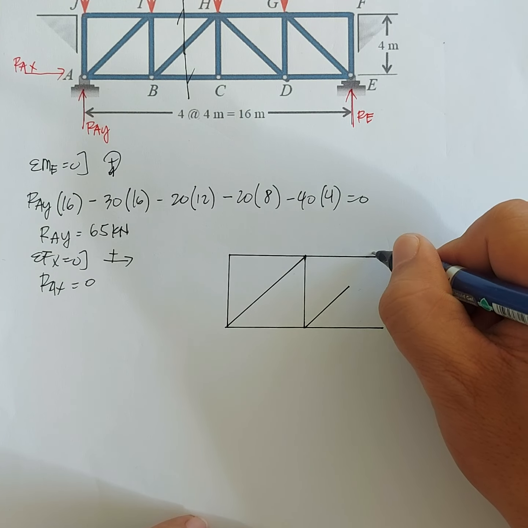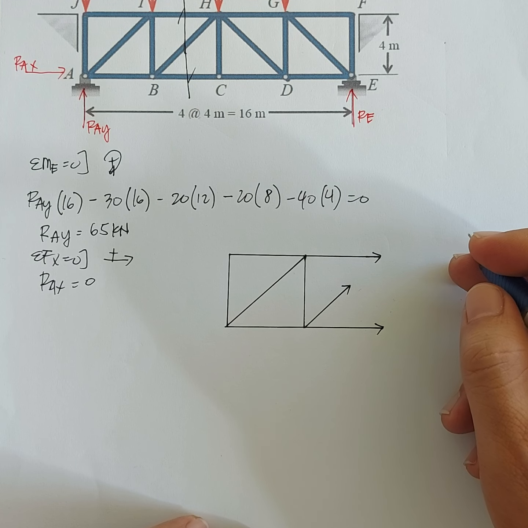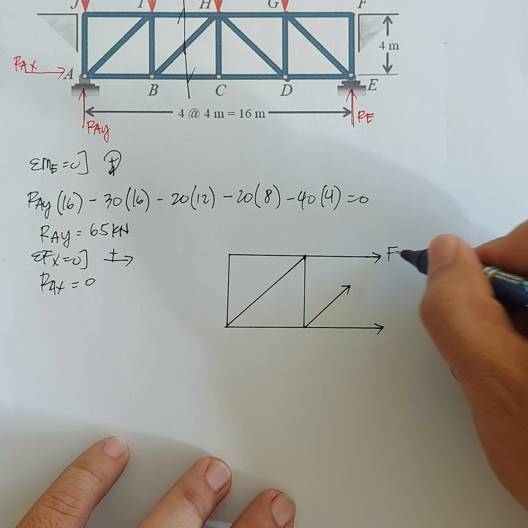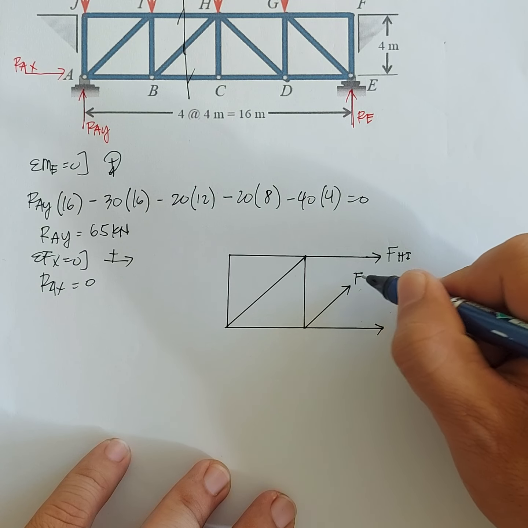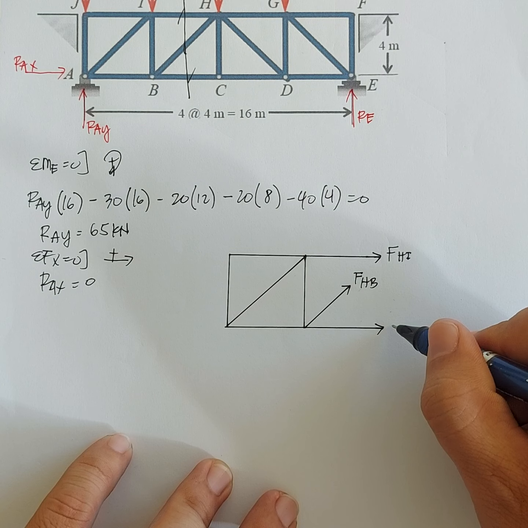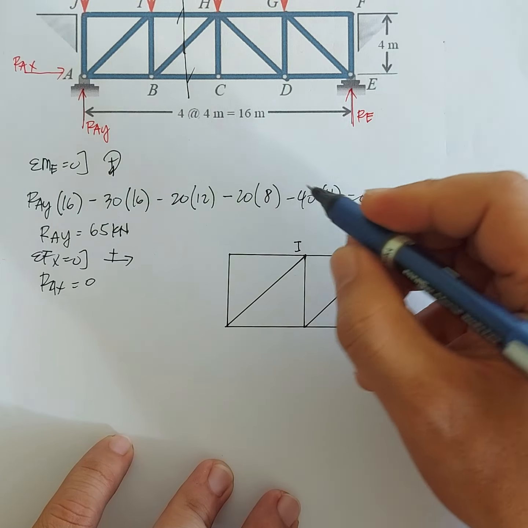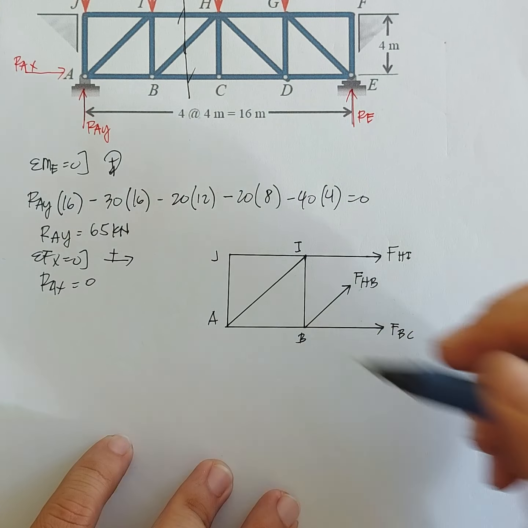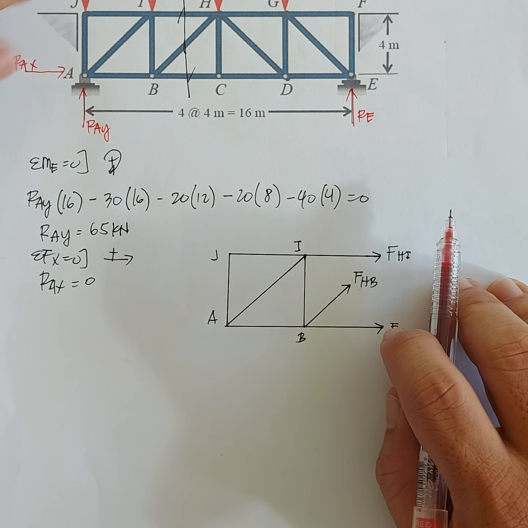Again, we assume tension for our forces. So this is FHI, this is HB, and this is FBC. This is joint I, J, A, and B. Don't forget to include the reactions and the external forces.